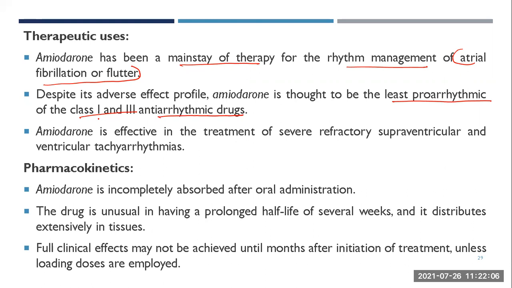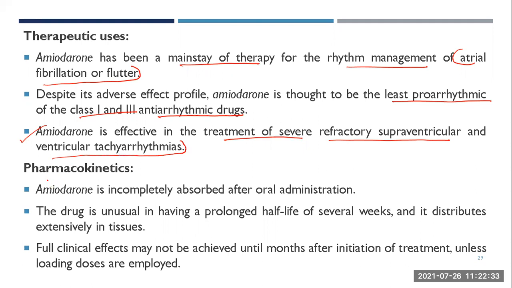Okay, so it has a very low propensity to cause arrhythmia when we compare it to the other drugs from class 3, as well as the drugs from class 1. Amiodarone is effective in treatment of severe refractory supraventricular and ventricular tachyarrhythmias.